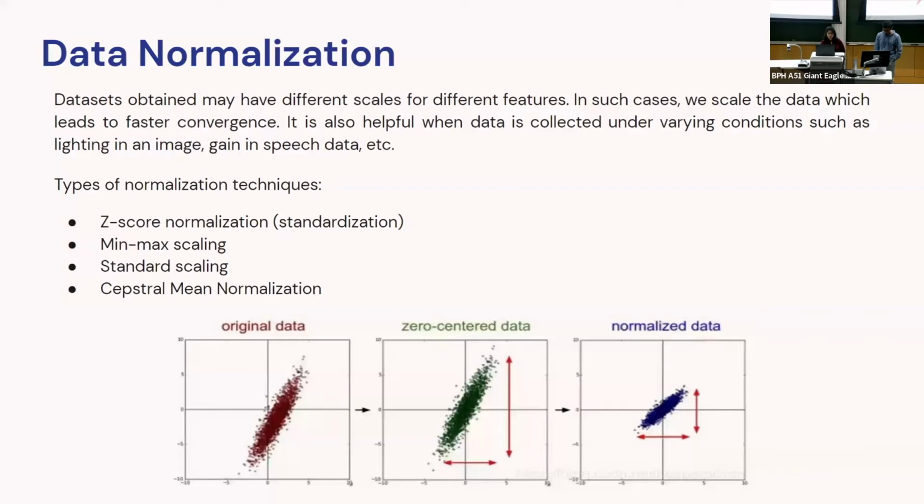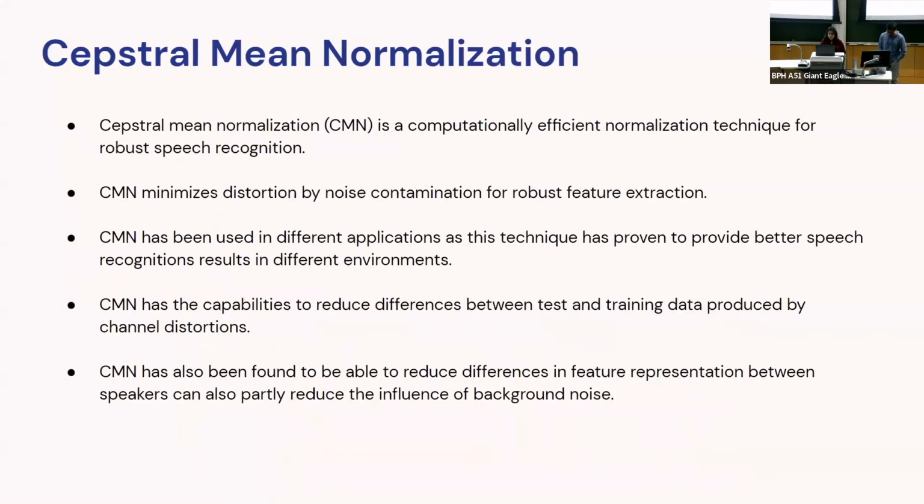normalization techniques. The one that you would probably be using for your homework would be cepstral mean normalization. In cepstral mean normalization, we provide a computationally efficient normalization technique that is used for robust speech recognition. CMN basically reduces the distortion by noise so that we are able to extract robust features, so that our model performs well and learns on features that are more important rather than learning from noise and other background variations.